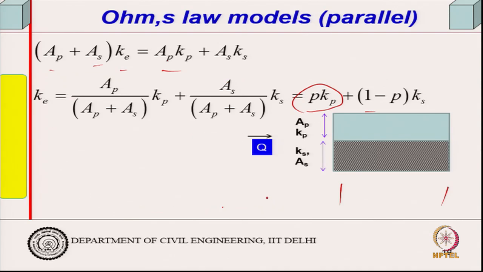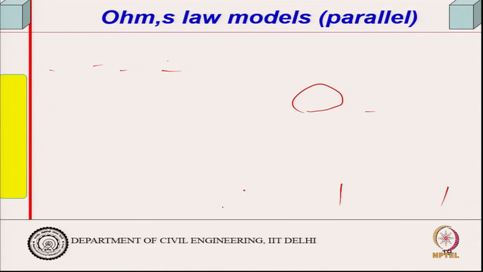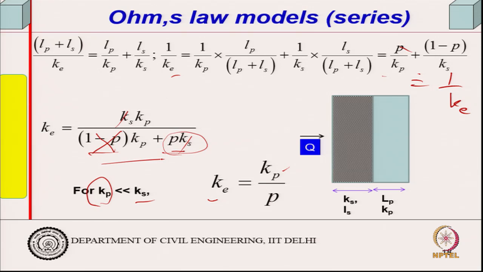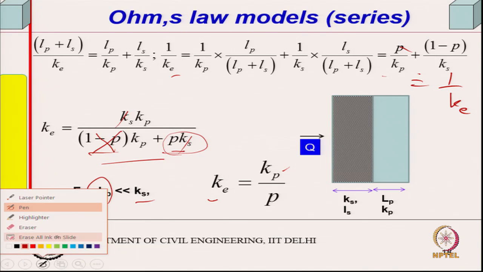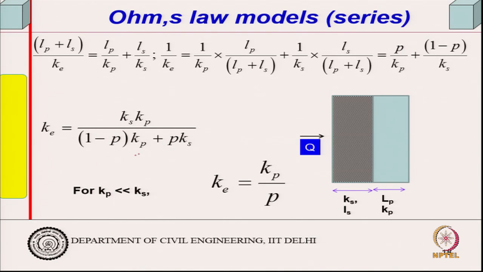So, you can just take from here, we can take from here, this one we can take. So, K equivalent was given by this multiplied by lambda, and the rest is 1 minus lambda multiplied by this, that would be the K equivalent when you have a combination.